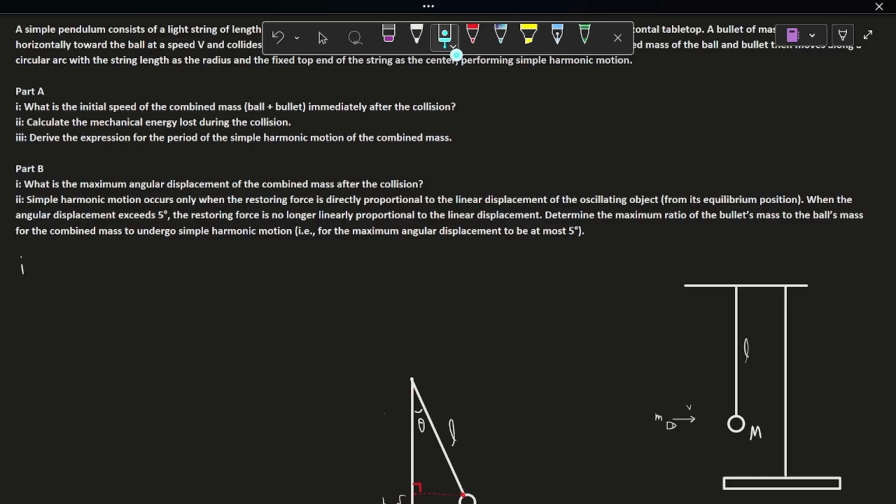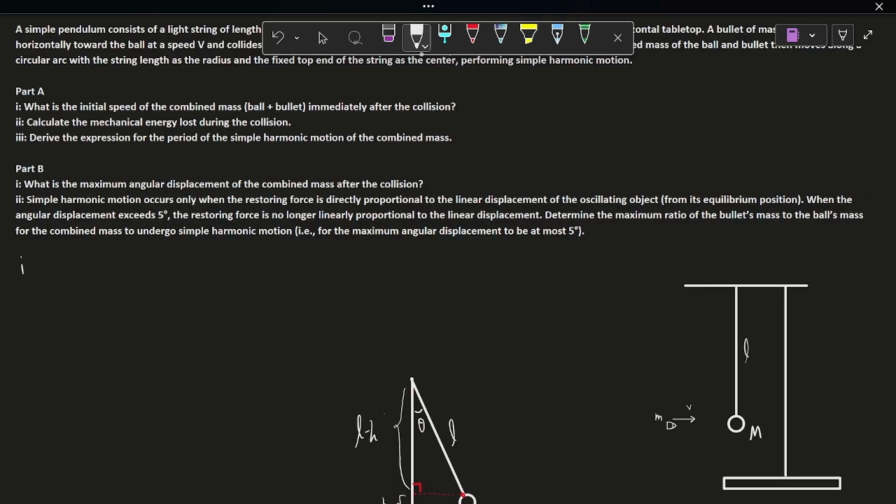And gravitational potential energy is obviously equal to mgh, and the h is this distance over here. So after we solve for h, since the length of the rope is just L, this part of the rope would just be L minus h. And using trigonometry, or arc cosine, we can get the expression for theta.